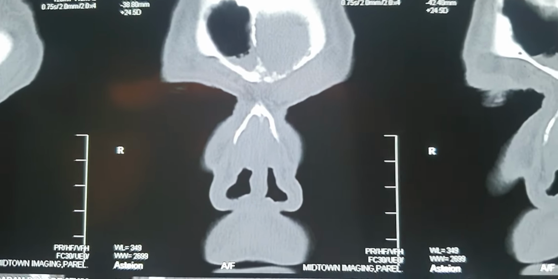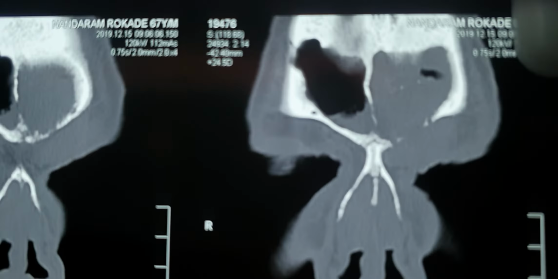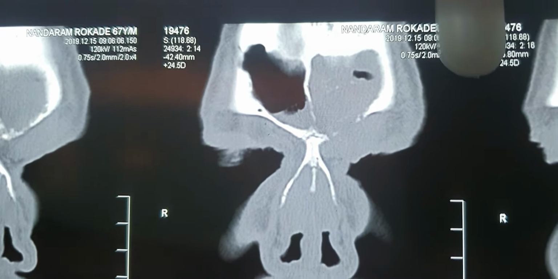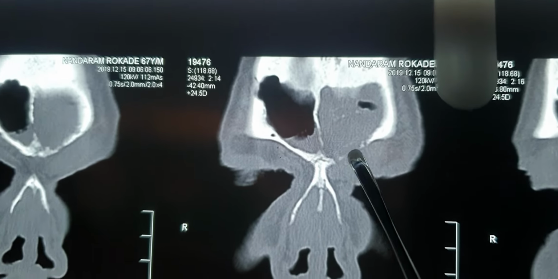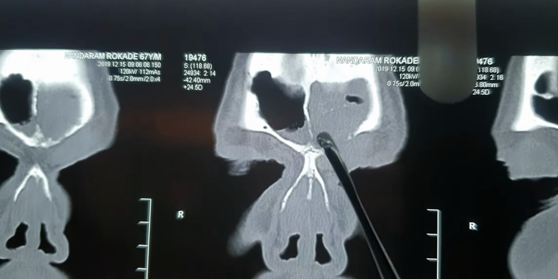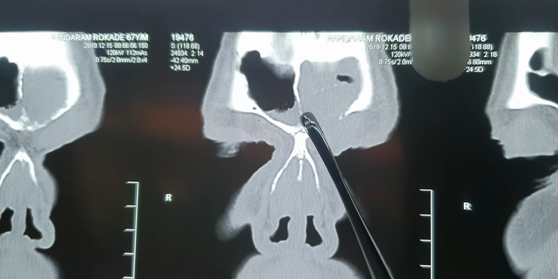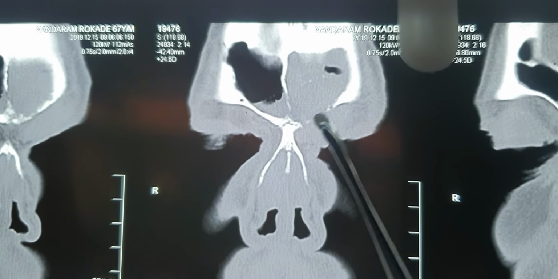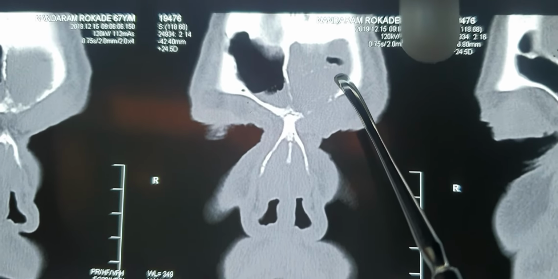So as we move posteriorly, you can further see the erosion of the floor of the frontal sinus becomes more prominent. And see here, this area of the interfrontal sinus septum is minimally eroded, and a major erosion you can see towards the floor of the frontal sinus on the left side.